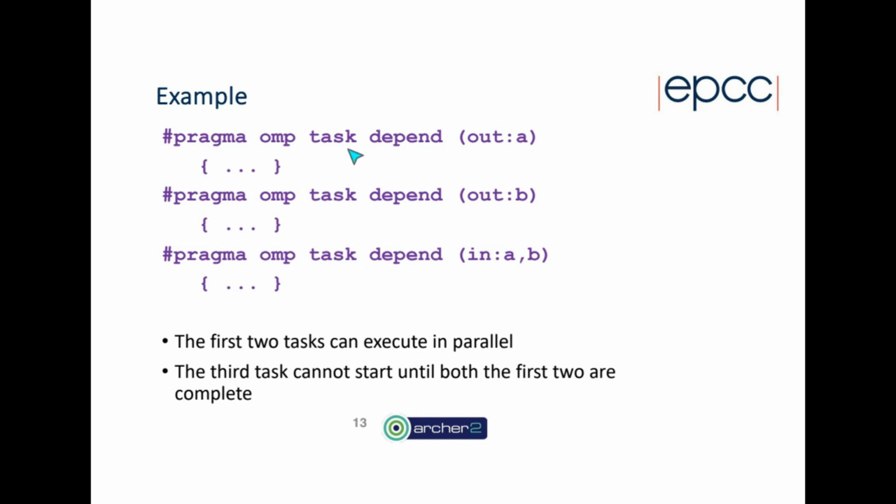So you could say the first one has an out dependency on A, the second one has an out dependency on B, and the third one has an in dependency on both A and B. That allows the first two tasks to execute concurrently, because they don't depend on each other. But the third task has to wait for both of the previous tasks to complete before it can execute.